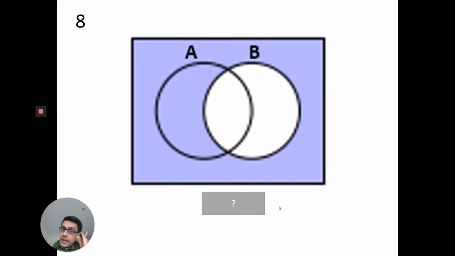Okay, if you've had a go, I can see that everything except B is being shaded in, so it's going to be not B, or the complement of B, or B dash. So that's what you should have on your sheet or in your book.